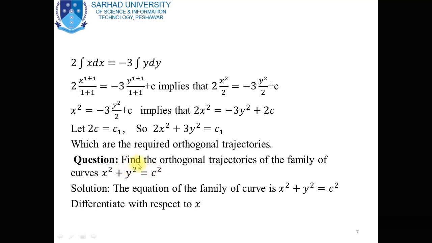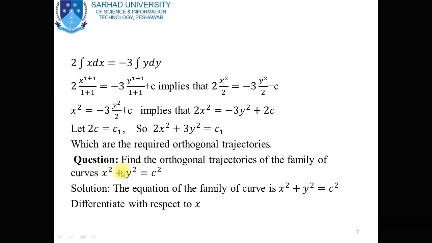So dear students, I want to tell you again, first of all, an equation of a family of curves is given, and we need to find an equation of the orthogonal curves for this family of curves.